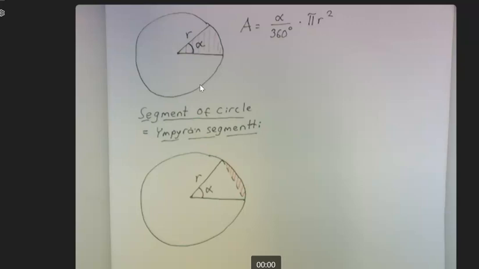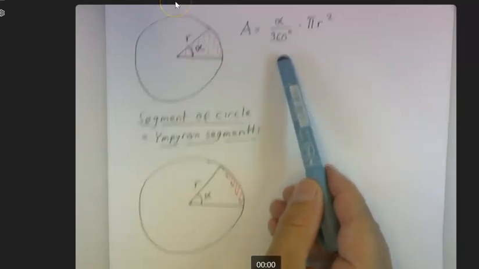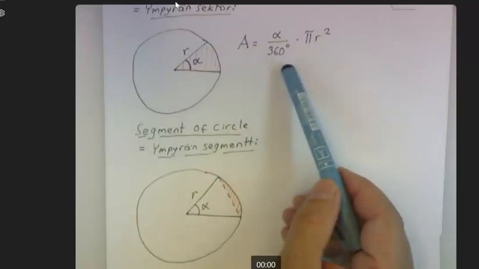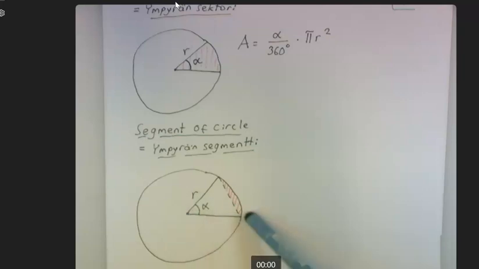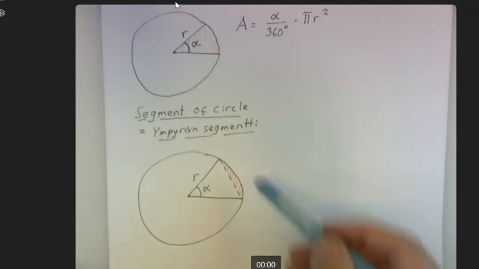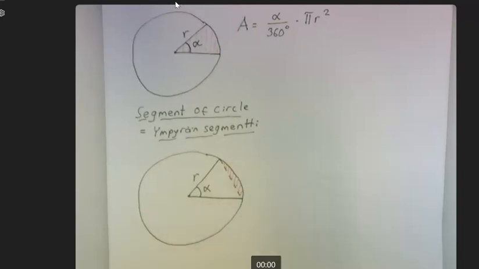So this formula, which I write soon there, it can be quite easily derived from the area of the sector. This is this part here, and if you subtract or take away the area of this triangle here, then you get this part, which is colored in red color in my picture.